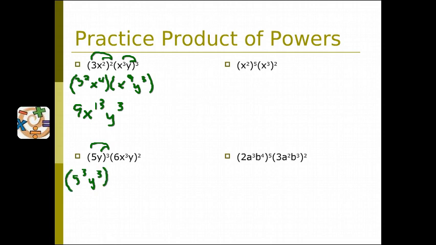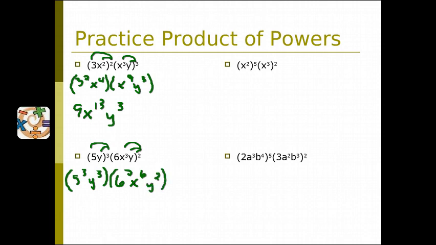And our second set of parentheses, when we distribute to everything on the inside, you get 6 squared x to the 6th, y squared.